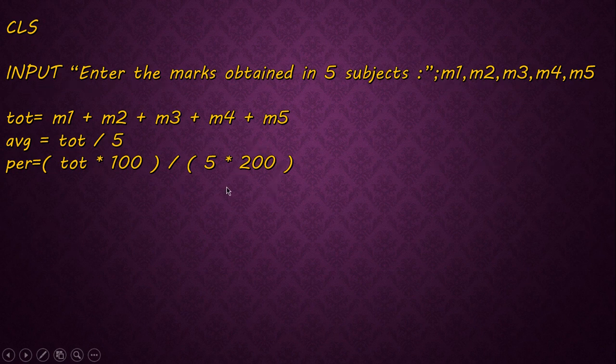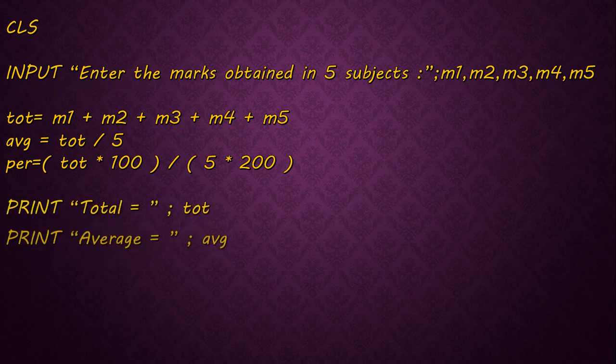We have taken 5 subjects, so the total marks of the 5 subjects is 5 into 200, and the numerator is my marks obtained, and this 100 is the multiplication for percentage, 100%.